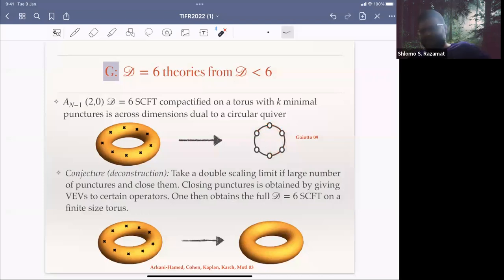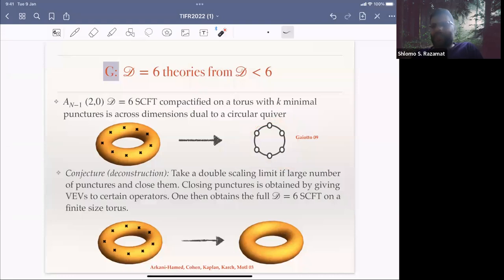And in this double scaling limit, in some way, you obtain the 6-dimensional theory back on a finite size torus. Somehow having a lot of punctures blows up this Riemann surface, and then you remove these punctures. So this is how you can get this non-Lagrangian 6D theory, starting from a Lagrangian in 4 dimensions.